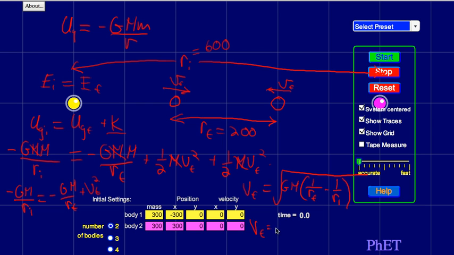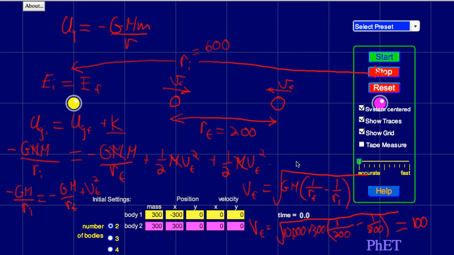And so V final is the square root of 10,000 times 300, the mass, times 1 over R final, which was 200, minus 1 over R initial. If you use the x to the minus 1 button on your calculator, it makes this part a little easier. And it comes out to 100, whatever the units are, distance over time.